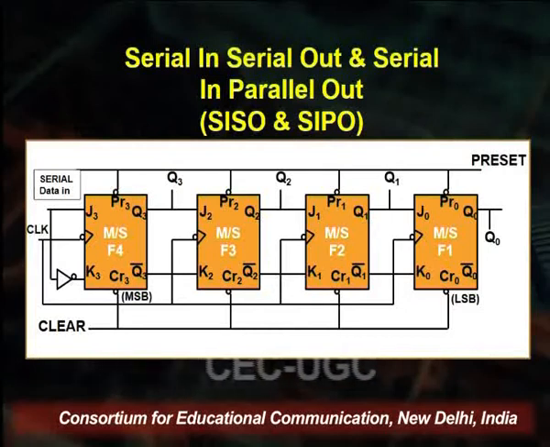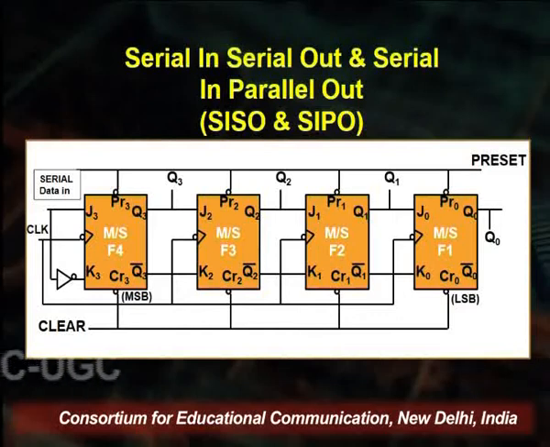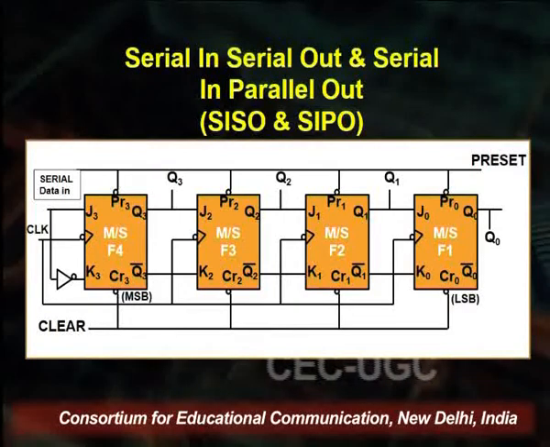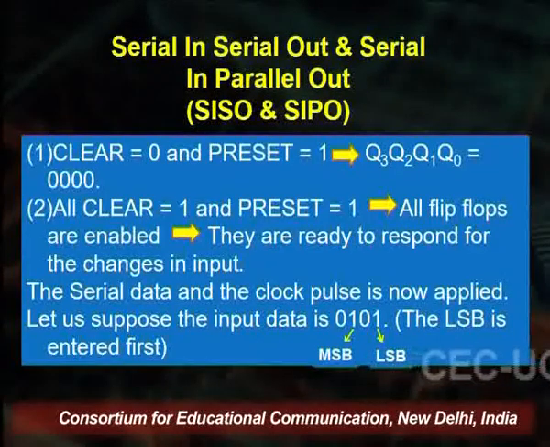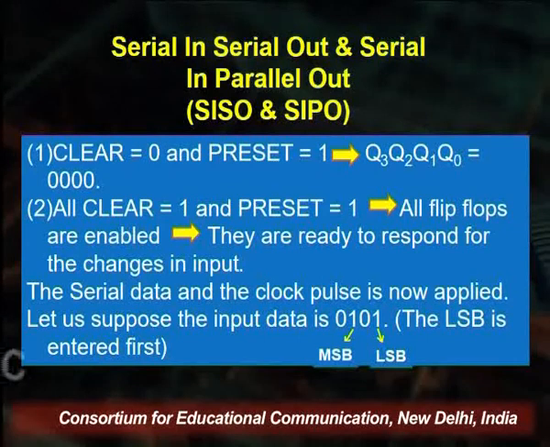Hence, when we keep preset equal to 1, we have the inputs as complement of 1, that is 0, 0, 0, 0. Also, the clear is 0, and it being active low, the outputs of all the flip-flops are still fixed at Q3, Q2, Q1, Q0 as 0, 0, 0, 0.